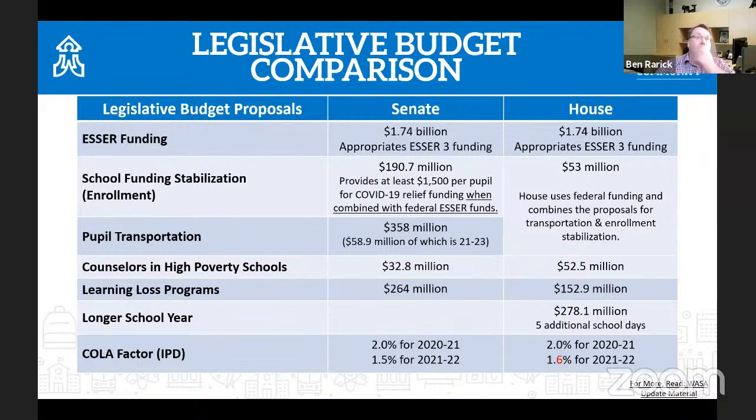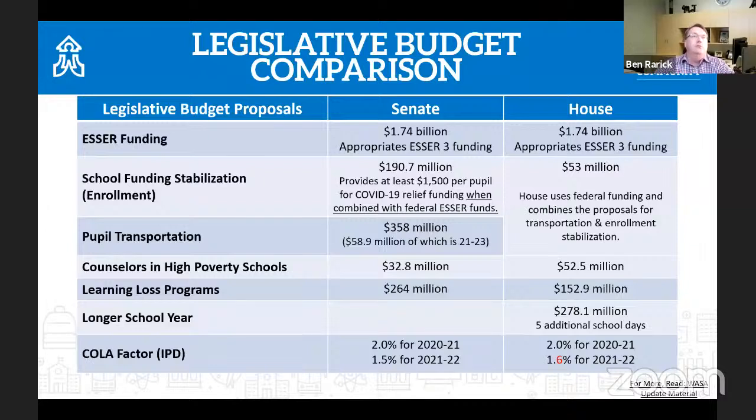So the idea being that, if you're going to get $99 million of ESSER funding, the House is saying you really ought not expect any additional stabilization dollars for enrollment and transportation. That does not appear to be the case with the Senate budget. It looks like districts such as Kent would receive additional stabilization dollars on top of ESSER.